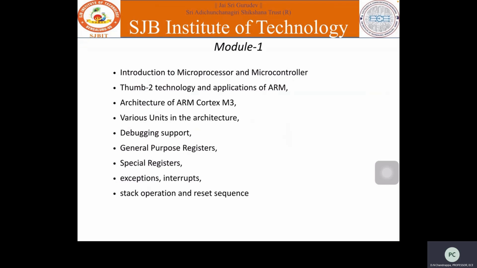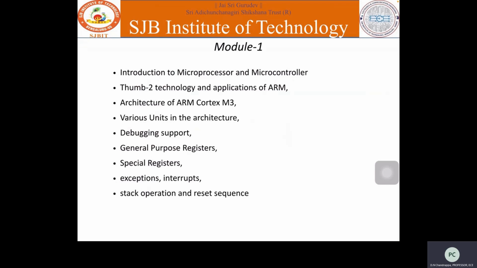But when it comes to microcomputers, it is a small computer made up of a microprocessor along with peripherals, input output, memory, timers and counters based on the requirement, an interrupt circuit and some control applications. These are all made into a single system. It is called a microcomputer.